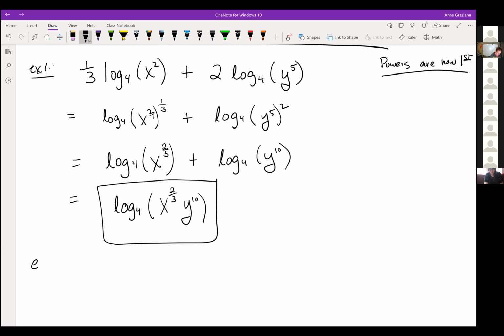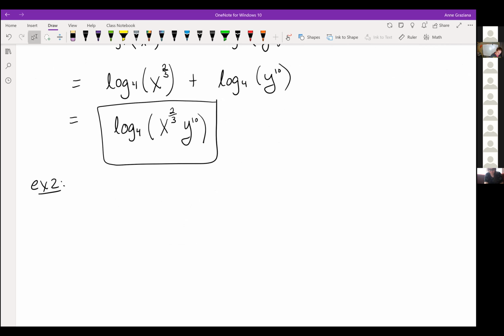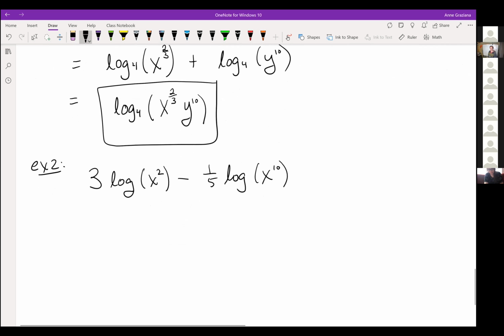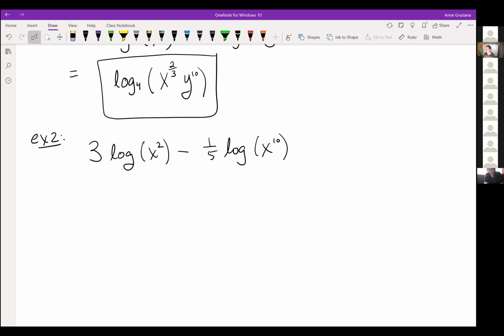All right, here's example 2, and I'm going to let you give this one a whirl. So bring this together into 1 log: 3 times log of x squared minus 1/5 times log of x to the 10th. Give you a head start.